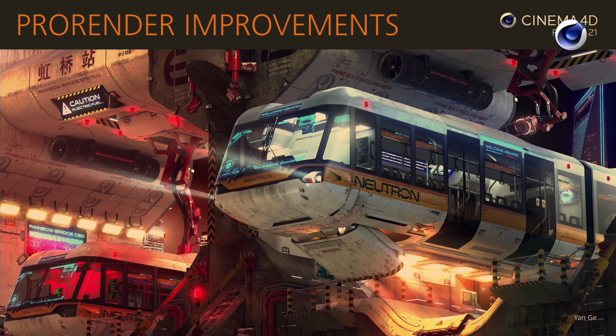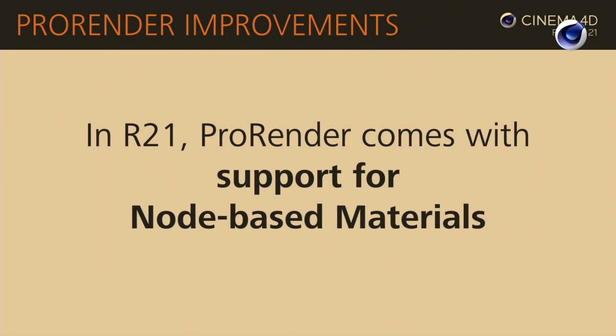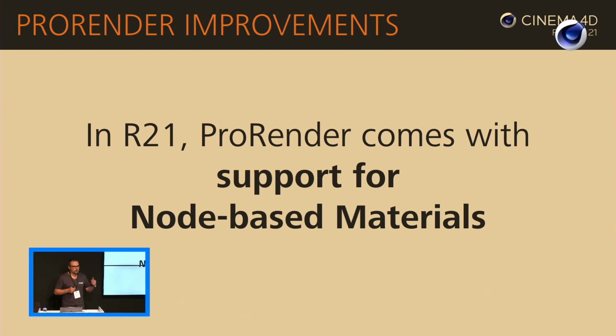Very nice rendering. And all the materials you see here were created with nodes. In R21, ProRender comes with support for node-based materials. So before we had the nodes, the Maxon nodes, only for standard and physical, and now it's fully supported in ProRender.